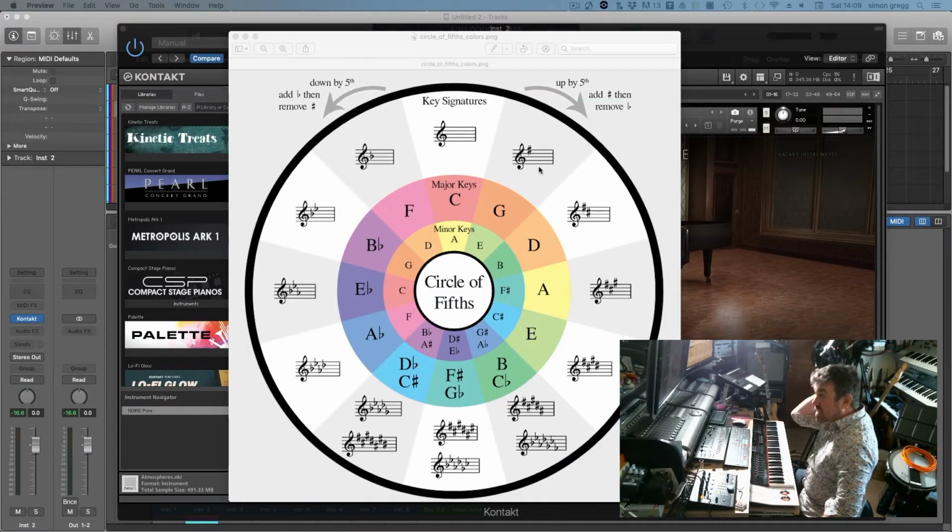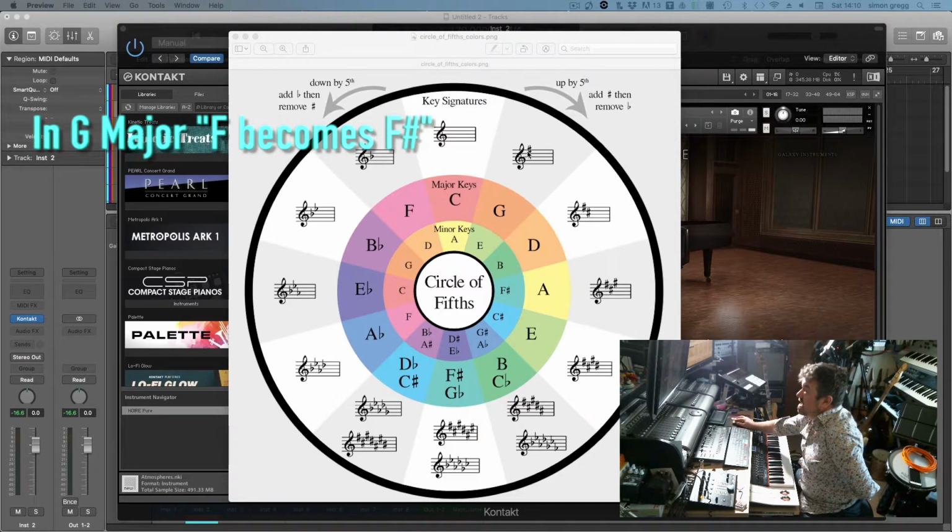What's actually happening is that the same note is actually staying each time. So look, in G we have an F sharp. The F has become sharpened.